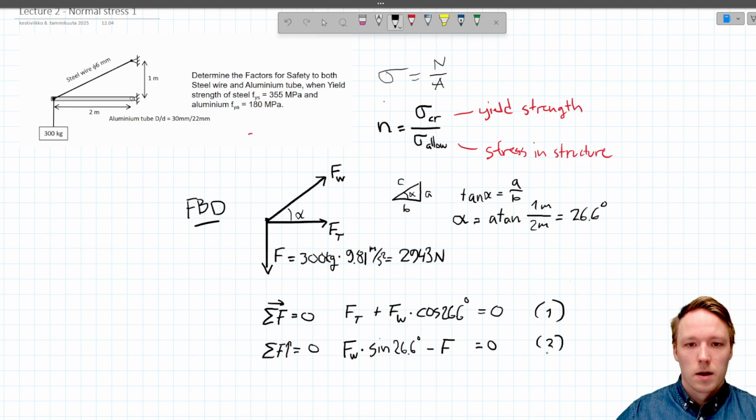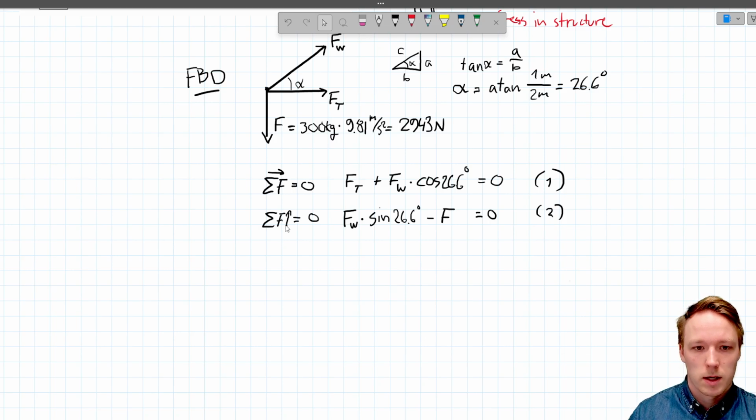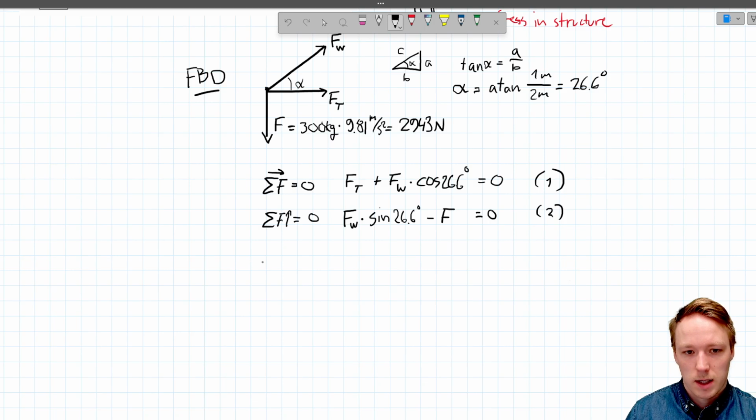So in this case the equation number 2 is the one that gives us the easiest way to solve this. So I like to mark it like this.